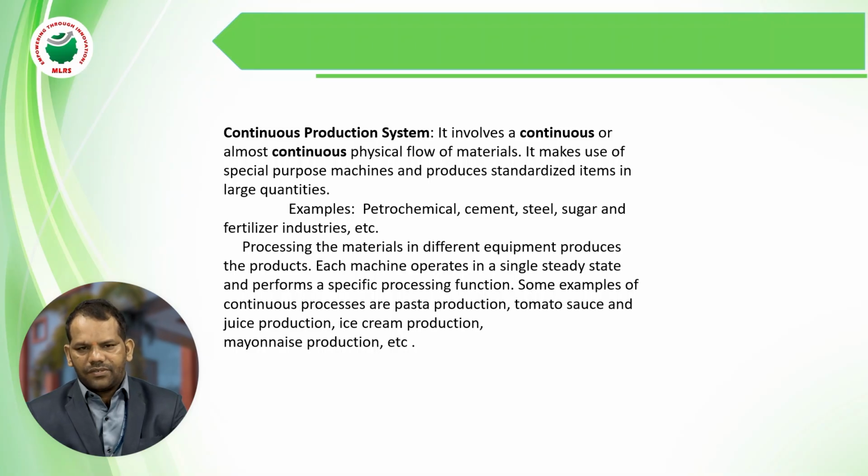Some examples of continuous process production are pasta production, tomato sauce and juice production, ice cream production. These are the best examples for the continuous production system. So tomato juice, every kind of customer is willing to buy and consume in the market.